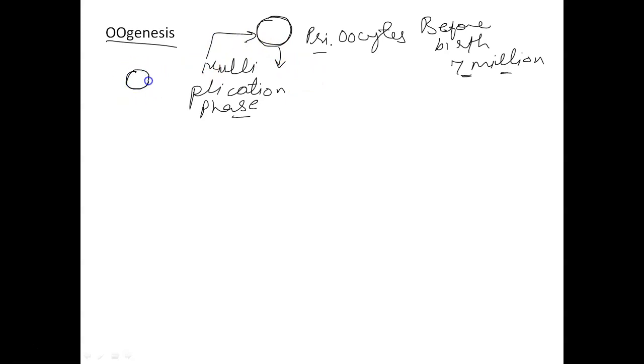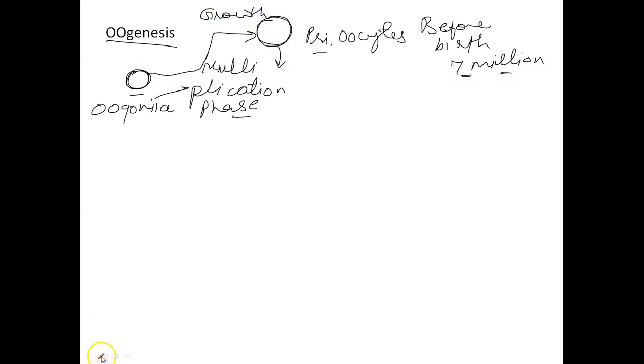So as with spermatogenesis, we start the same way with oogonia. Oogonia undergo the multiplication phase, so they will increase in number. After that, the primary oocyte is the growth phase.